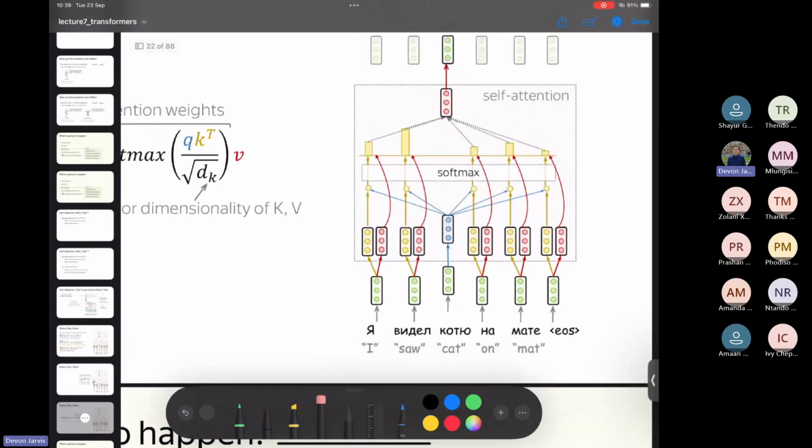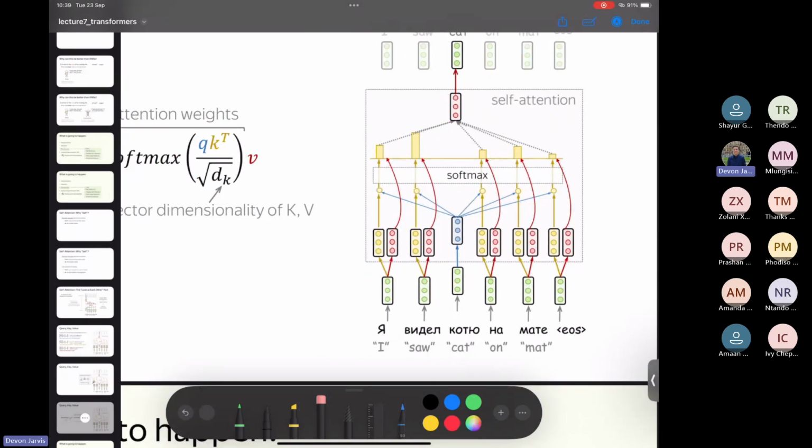Okay, that's correct. So again, just to recap, we're trying to update the embedding for one of the words at the moment. It's called cat. We're going to compute a key vector, which is the blue vector. That is a vector that is able to find other information in different tokens. Then for every other token, not the one for cat, we're going to make a query vector. That's the yellow K in notation.